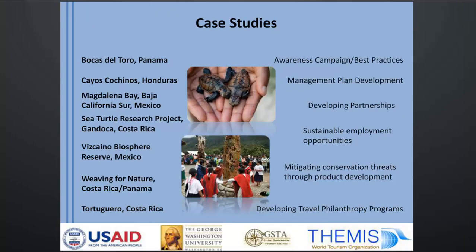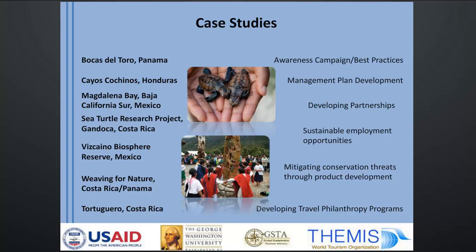And finally, within the annex of the tourism conservation models, there are a number of case studies, really one case study for each of the 16 strategies that are presented within the six conservation models. Again, the focus of these strategies has been Latin America, particularly Central America, particularly coastal marine areas.